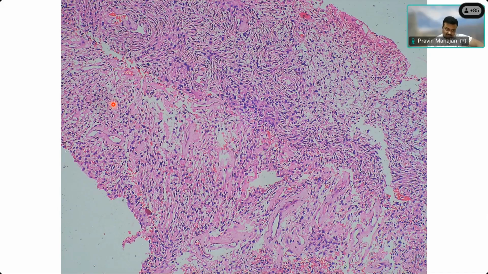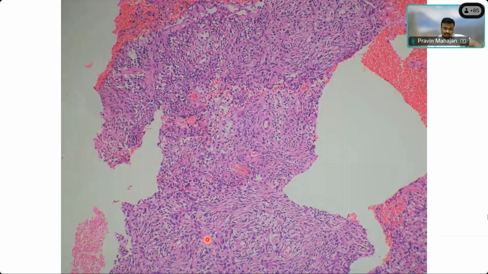And at places, it is a little haphazard also, like this area is more haphazard. And there are these vessels which have some hyalinized walls. In other areas, does it look like a spindle here? They look like more rounded nuclei, right?